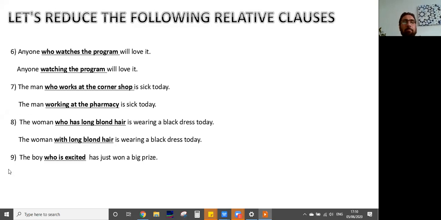Okay. Number 9, the boy who is excited has just won a big prize. So what could we do? Here we have an adjective by itself, a lonely adjective. So what can we do with that adjective?